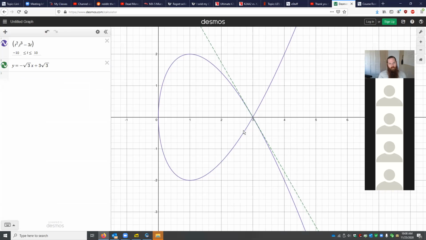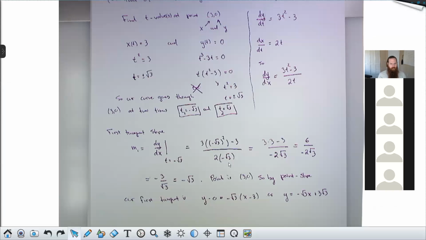This tangent line is the tangent that represents the particle at the moment it's coming in, and remember it loops around and then goes out. So the other tangent line is going to be over here. We'll get that by doing a very similar calculation, just instead of plugging in negative root 3 to the derivative, I'll plug in positive root 3, my other time.